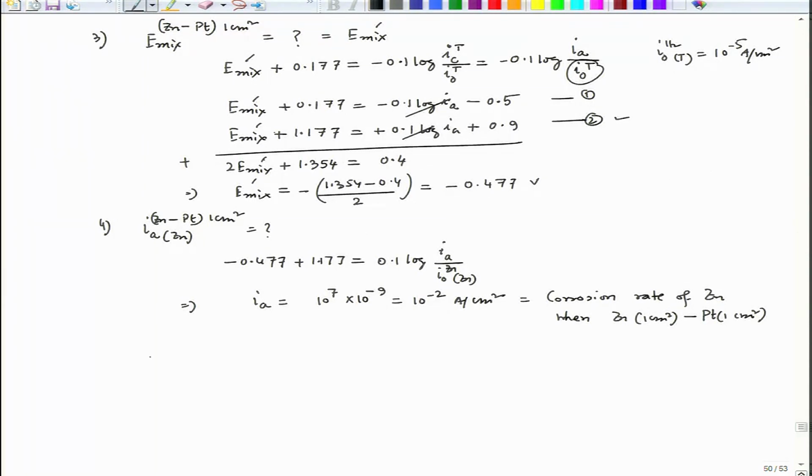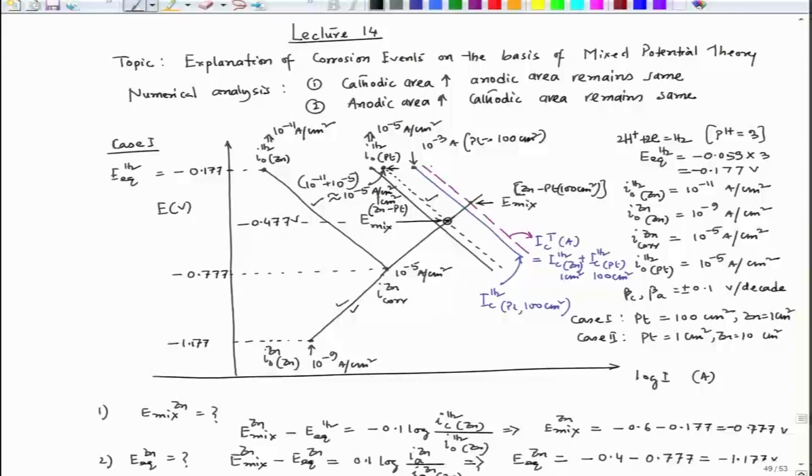Now when we increase the area of the platinum, so if we correspond to this, this particular point becomes 10 to the power minus 3, because we are not changing capital I 0, because zinc area we are not changing.